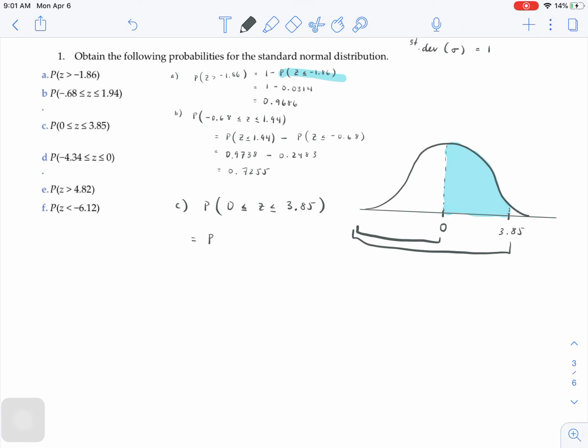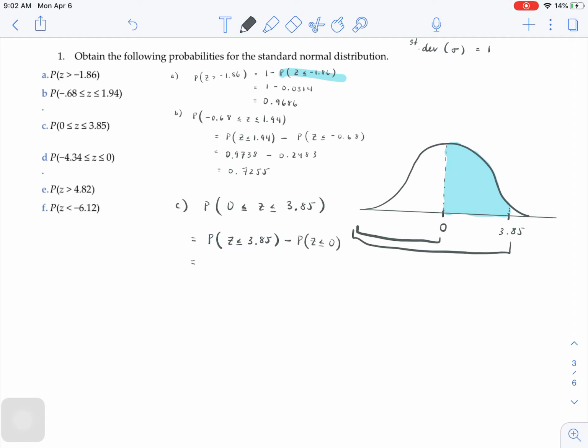So I take the area I want to the left of 3.85, subtract out what I don't want, the unshaded area, which is the area to the left of 0.